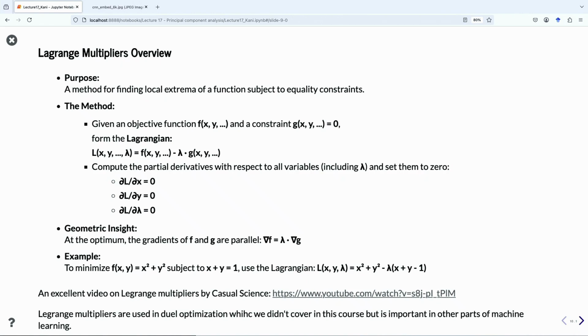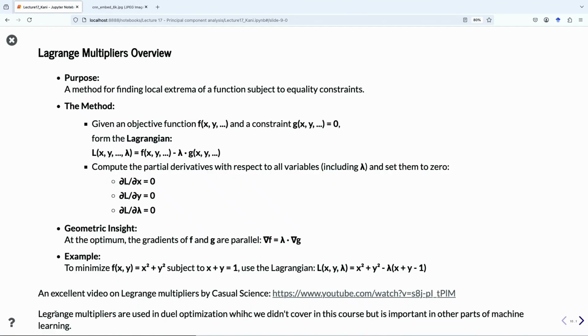If you want to know more, there's, again, Casual Science, a pretty good YouTuber that covers some more advanced mathematics. I highly recommend his videos also. The Wikipedia entry for Lagrange multipliers isn't bad either. But the major reason we didn't go over Lagrange multipliers is that it's often used in dual optimization.